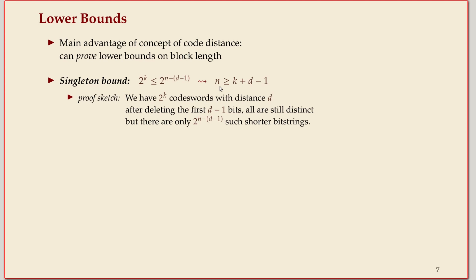There's no guarantee that you can easily find a code with that length. It's just a lower bound. It means the block length has to be at least that. The argument behind this bound is actually not very hard.